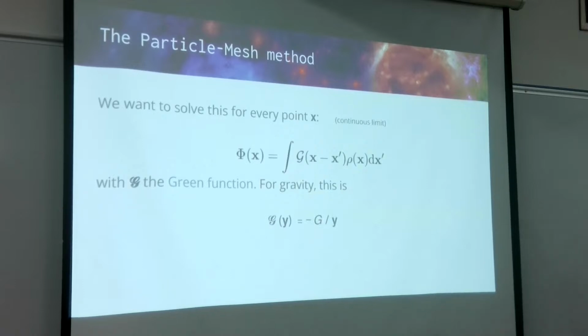So I have my particles, I can put them on a grid, and I can have a density, a number of particles per grid cell, and I have a density field, and then I can solve for my forces using Fourier transform. Let's look at this in practice.